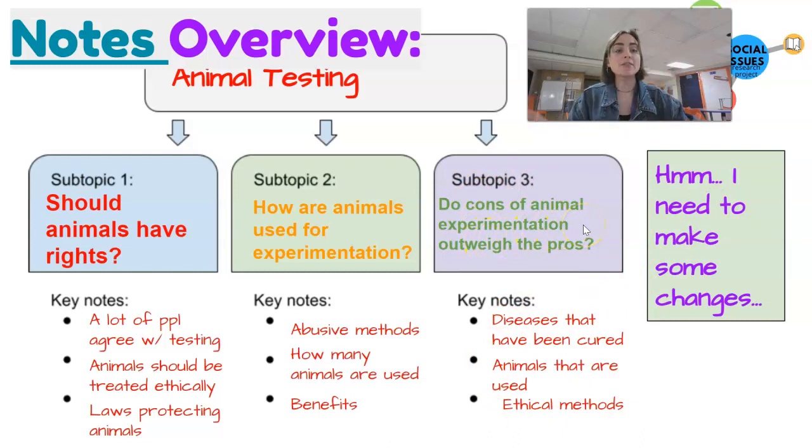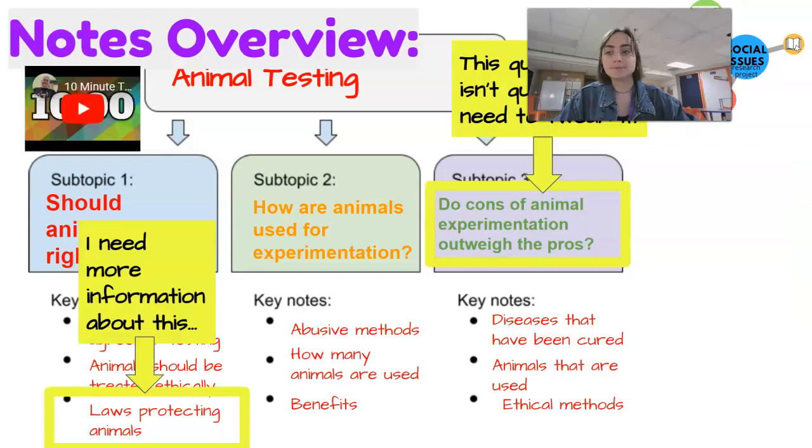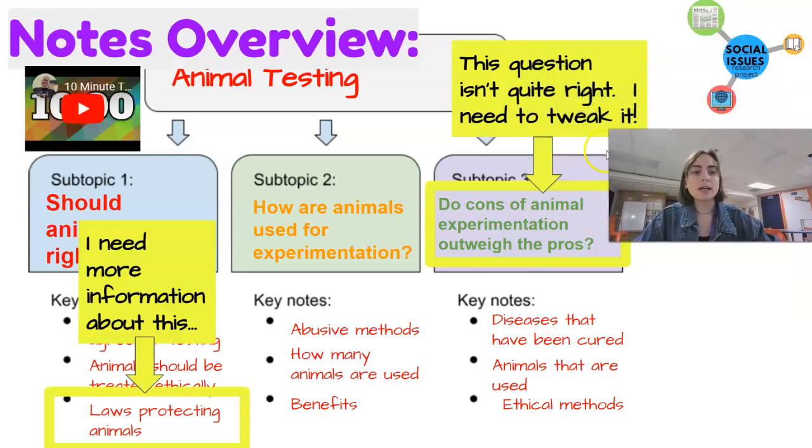We can change any of the guiding questions, we can change the keynotes to make sure that they fit. So if I'm looking at this column, this question isn't quite right to fit with the notes that I have. I might need to tweak that or change that so that it matches these keynotes. I also might think, okay, I need a lot more information about the laws protecting animals. I don't actually have enough information on this key point.